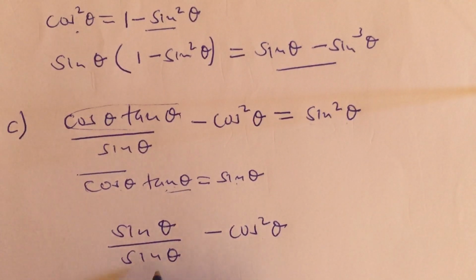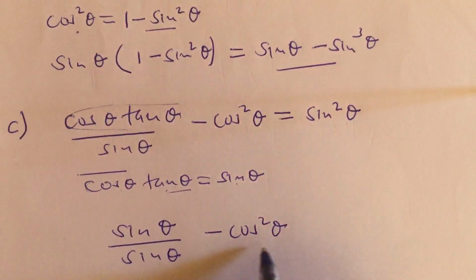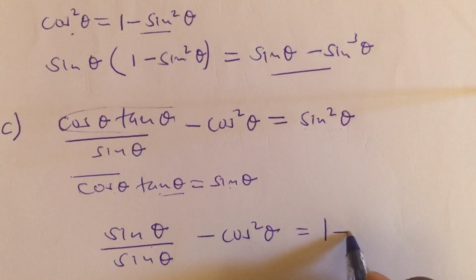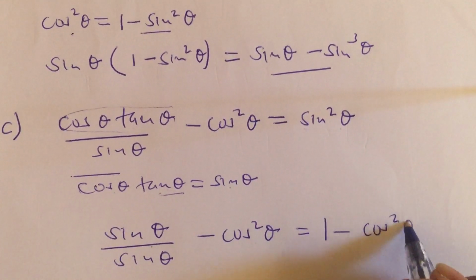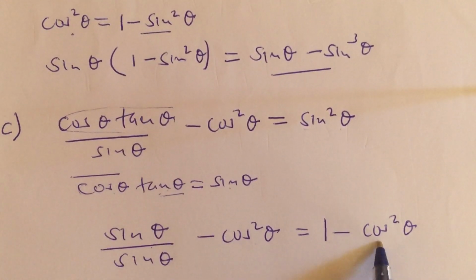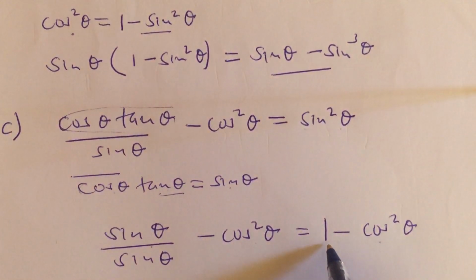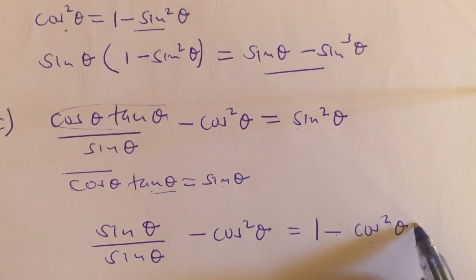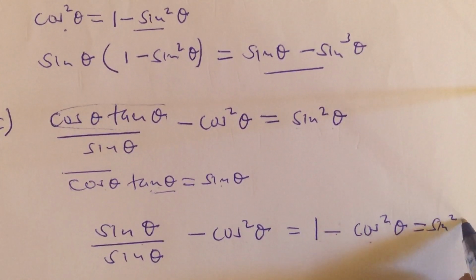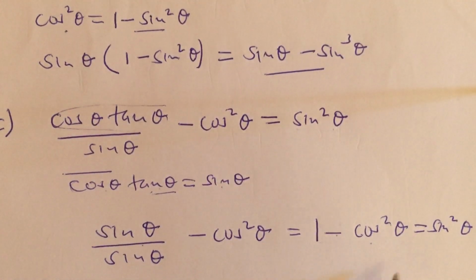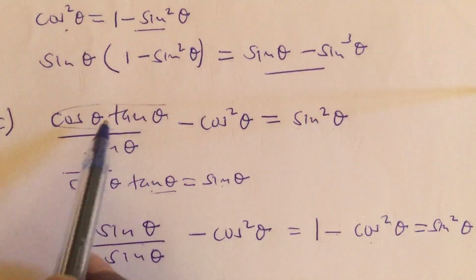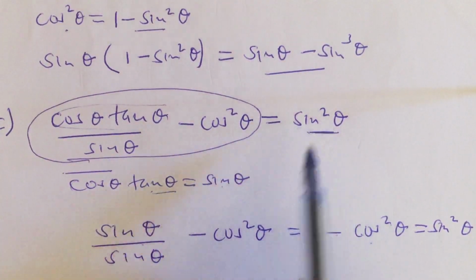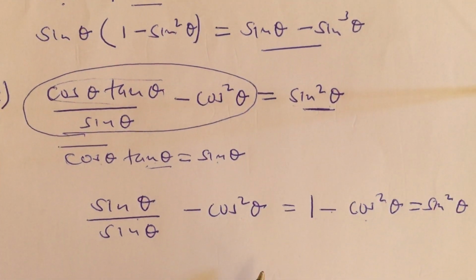So the left-hand side now reduces to 1 minus cos squared theta. And if you recall very well, 1 minus cos squared theta is indeed sine squared theta. So by following that, we've shown that the left-hand side is indeed the sine squared of theta.